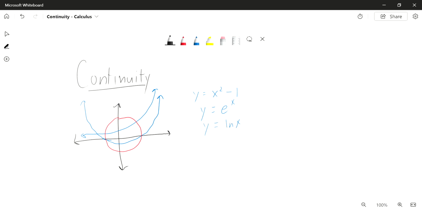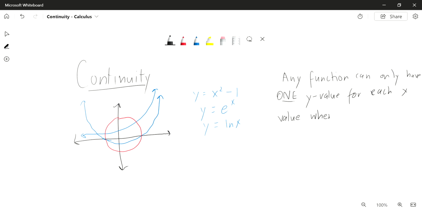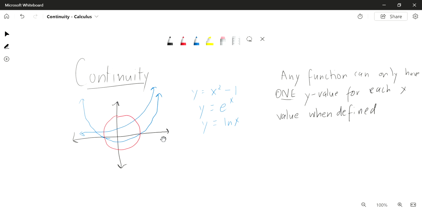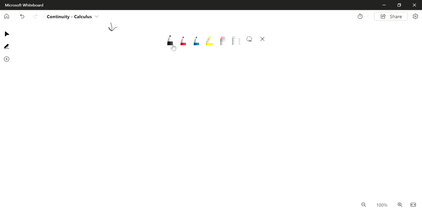So any function can only have one y value for each x value when defined. Or to put it more simply, if you draw a vertical line, more than one y value means it's not a function. That's probably the easiest way I can say it.